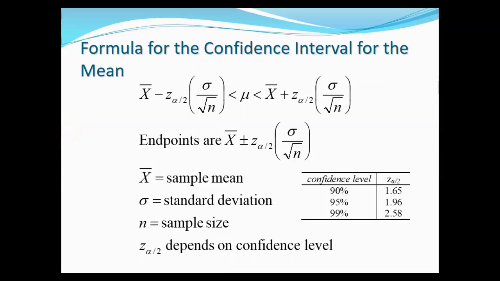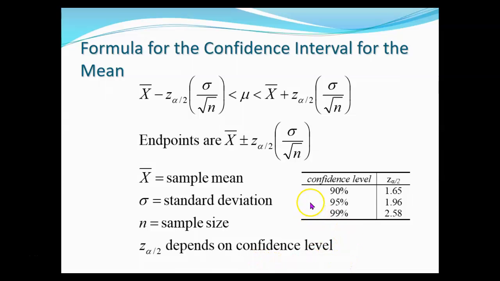Okay, in part one, I tried to give you the background and some terminology and get you used to what was going on. Now for part two, let's actually do some calculations where we actually find some confidence intervals. Remember, here's our formula. To use this formula, the numbers we have to plug in are x bar, our sample mean, sigma, our standard deviation, n, the sample size, and z sub alpha over 2, which depends on the confidence level.